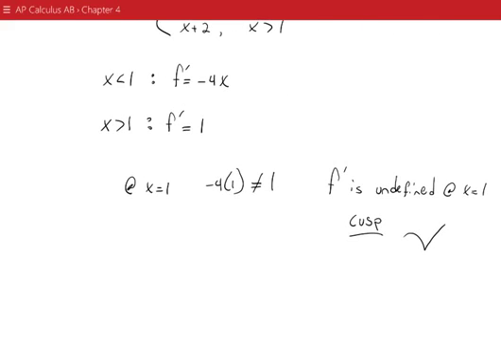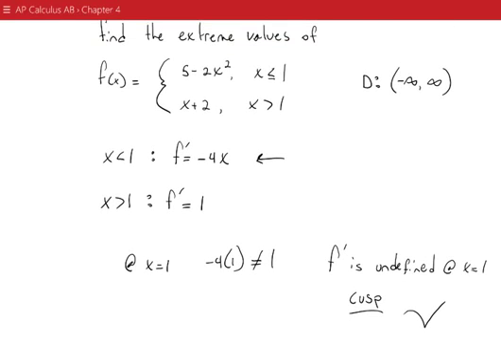So that means that actually our critical points, if we look, the only time the derivative is 0 in the top expression is when x is equal to 0. And that does happen when x is less than 1. That's important to us because we only want to be finding critical points when the piecewise function is using that expression.